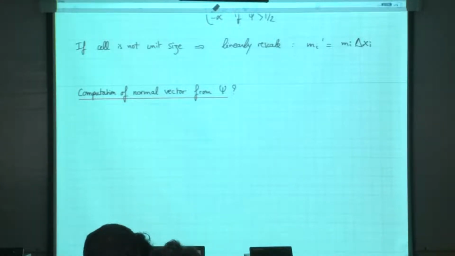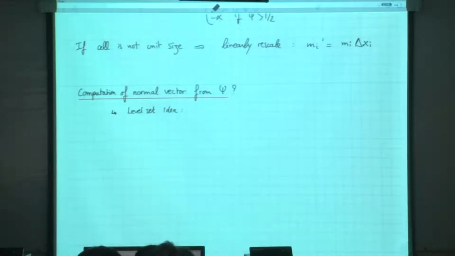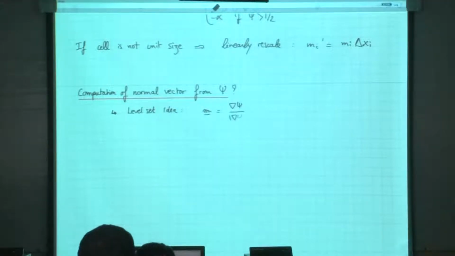First of all, one little observation. If we were to naively treat a volume fraction as a bad level set, you could imagine, so a level set idea would be to define our normal as the gradient of psi divided by the magnitude of the gradient of psi.